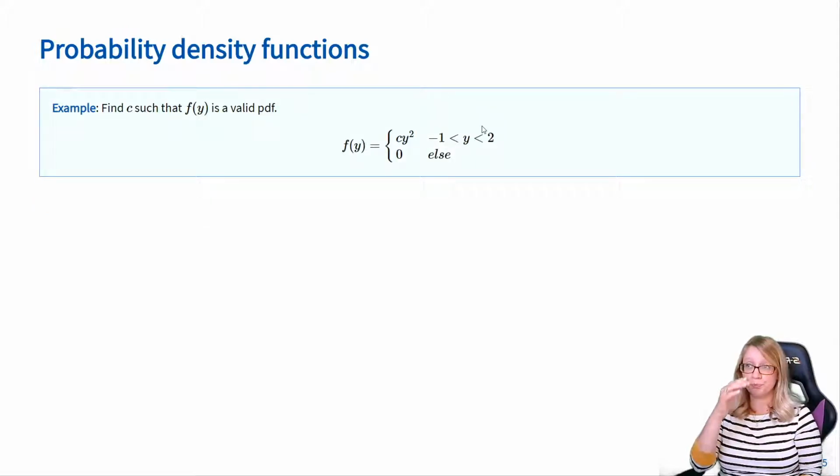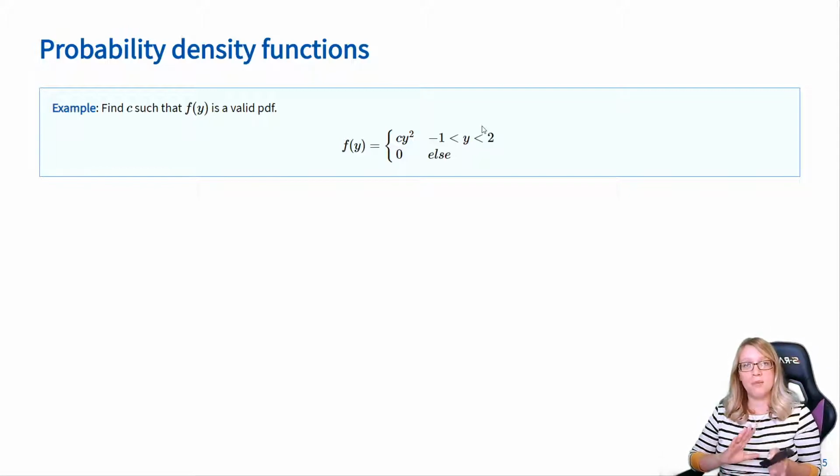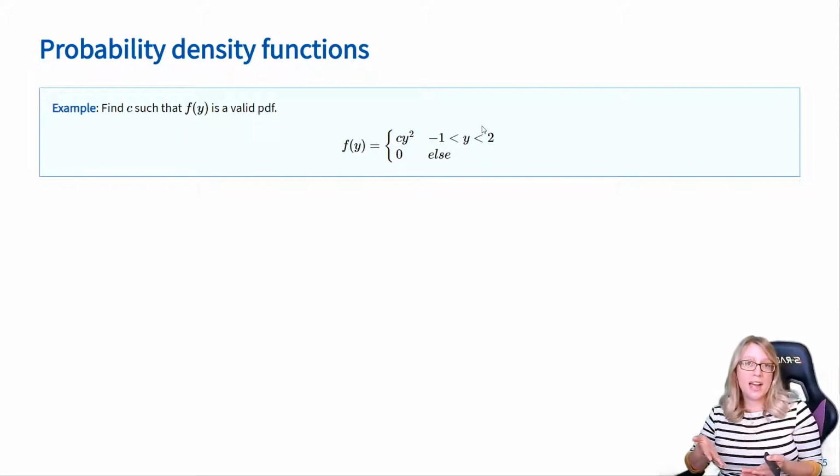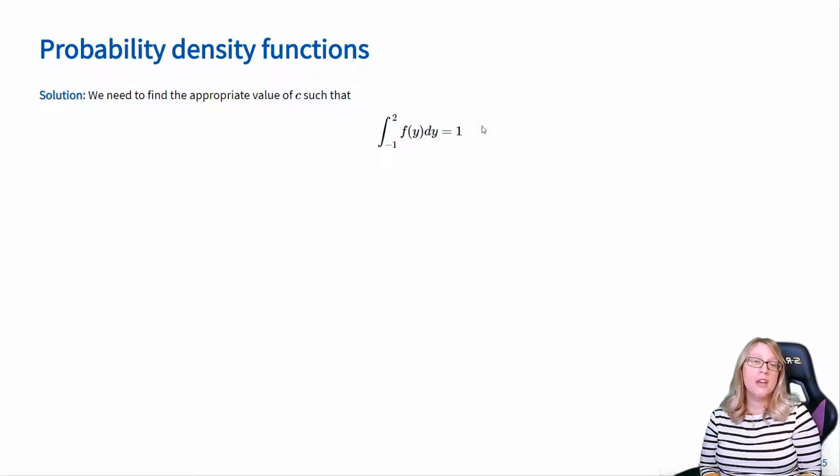So let's take a PDF, say c times y squared, for some random variable y that's defined from -1 to 2. And let's figure out what value of c we actually need in order for this to be a valid PDF. In order for this to be a valid PDF, we want to integrate over the entire range where y is non-zero, or over the entire support, and get back 1.